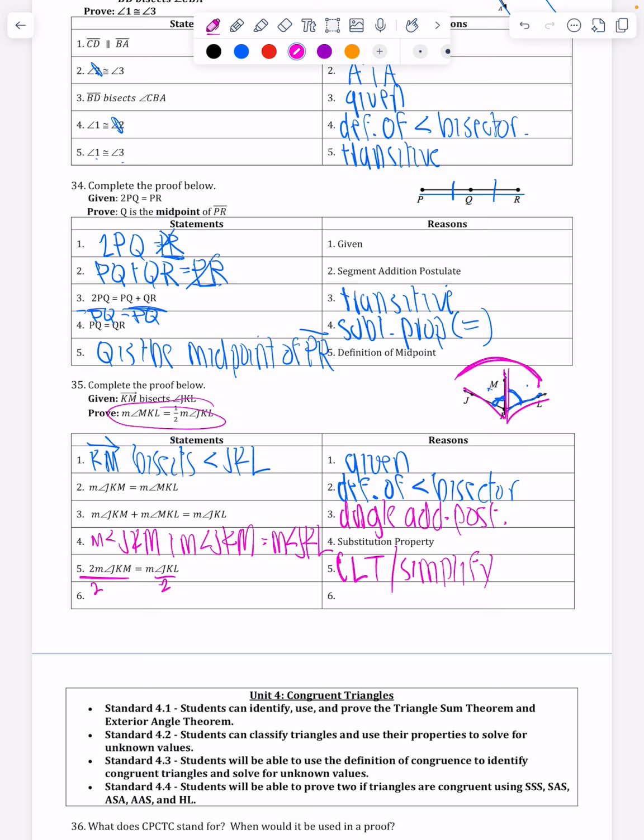It should technically be JKM equals 1/2 JKL with the way the proof is written. So this should be JKM. Anyhow, and you would write division property of equality. And that's it for this unit, guys.